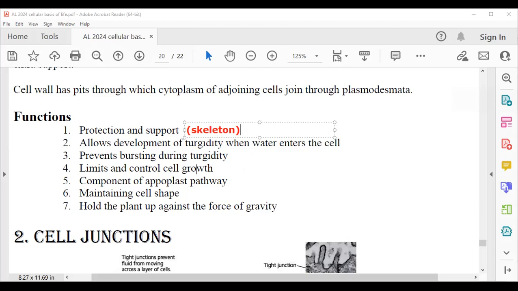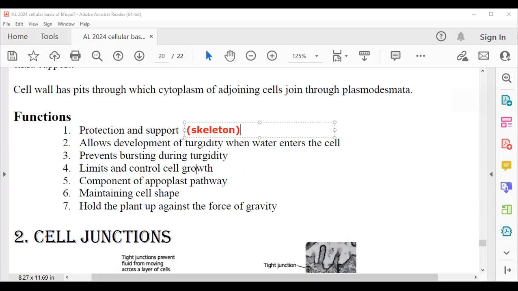Then the cytoskeleton's need to give support is comparatively low. But in an animal cell, the cell wall is absent, so the support needed is very, very high. Understood?